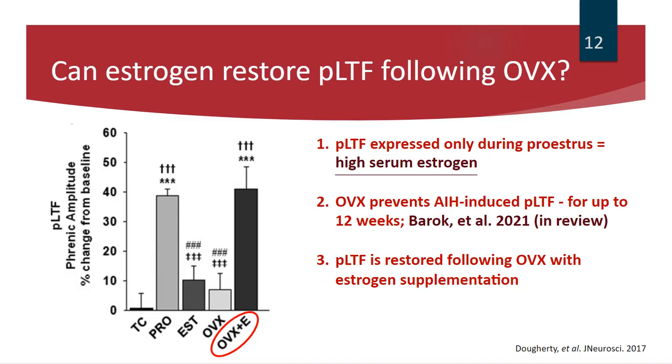We also have a paper that's currently in review that demonstrates that this effect of ovariectomy lasts for up to 12 weeks. We also showed that PLTF is restored following ovariectomy with estrogen supplementation, providing evidence that estrogen is likely the primary hormone that is necessary to enable expression of this form of plasticity.